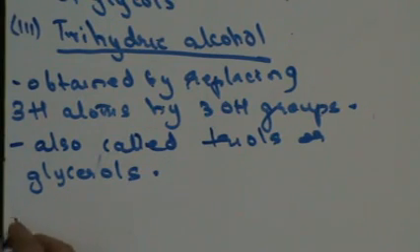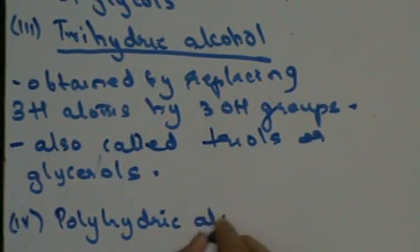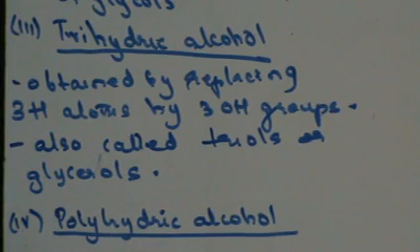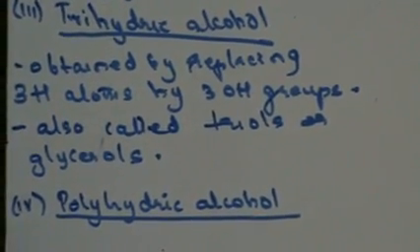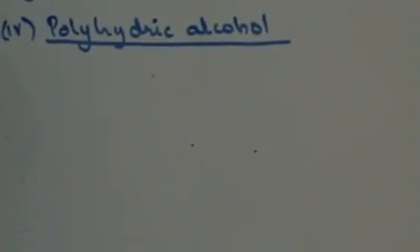And the last one that you have is polyhydric alcohols. What are polyhydric alcohols? These are those alcohols that are obtained by replacing all the 4 hydrogen atoms by 4 hydroxyl groups, right?